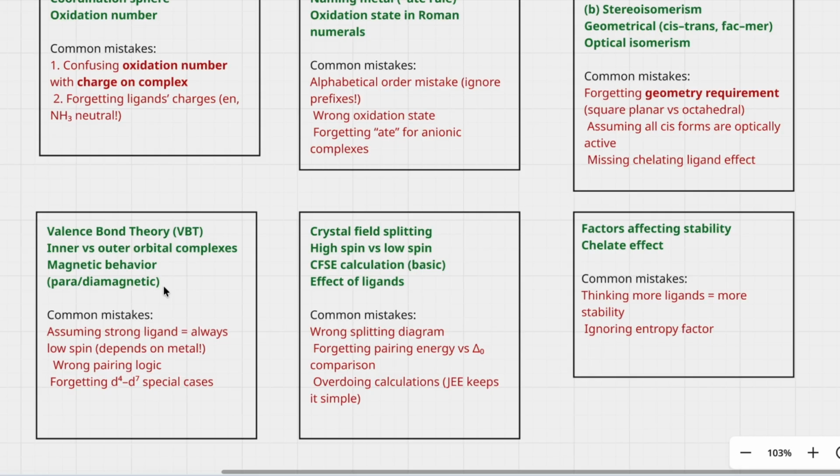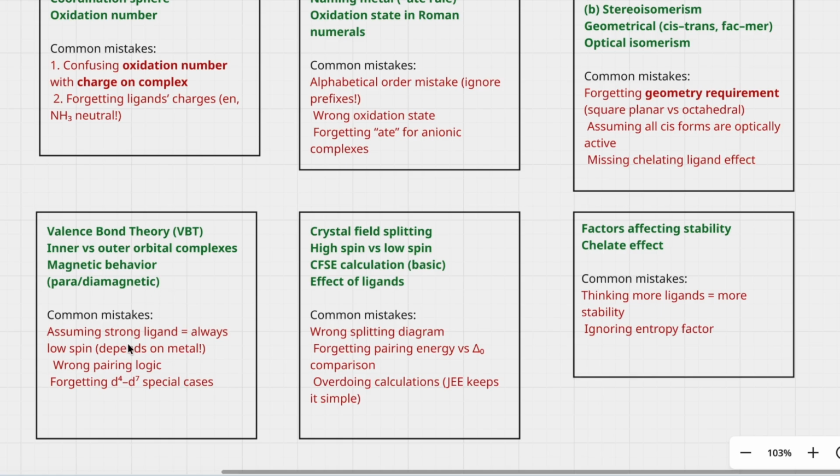Most of the questions, if you have practiced, are from the magnetic behavior. There is a formula and you have to calculate the value of it. This is a really important topic, and you should know clearly what are inner versus outer orbital complexes. And what are the common mistakes?